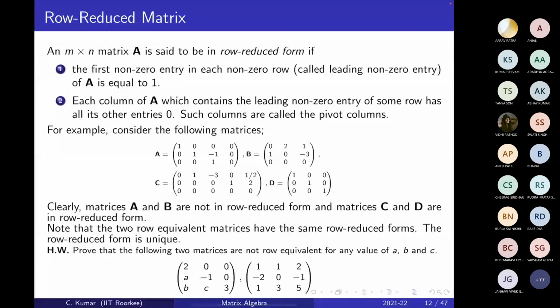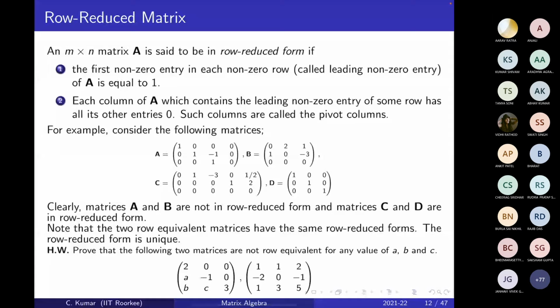Each column of A which contains the leading non-zero entry of some row has all its other entries as zero.